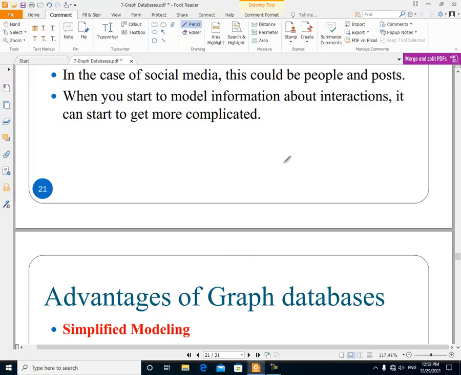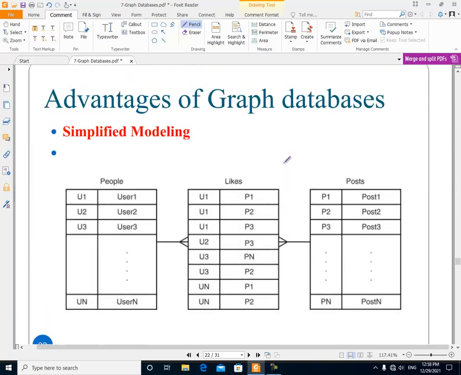In this example, if we want to use a relational database for storing the data about the social network, the people data, the posts, and the likes, we have three tables.